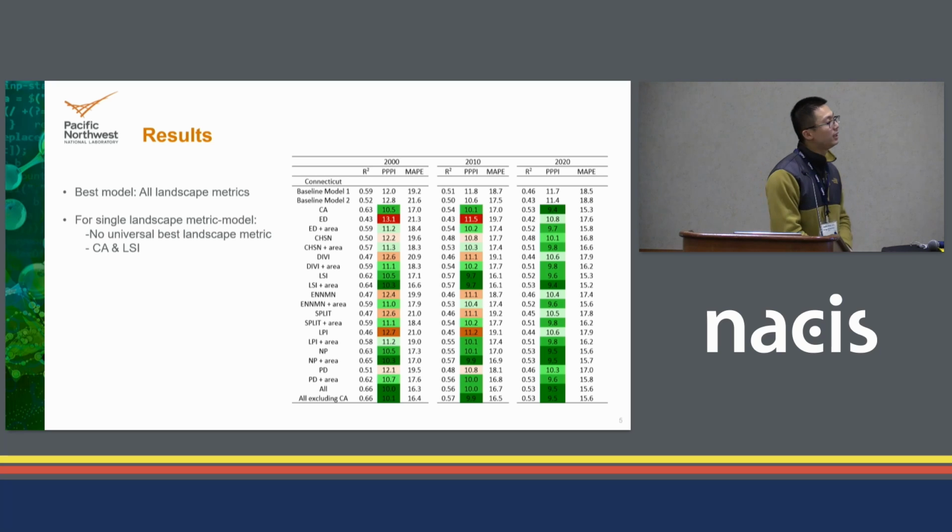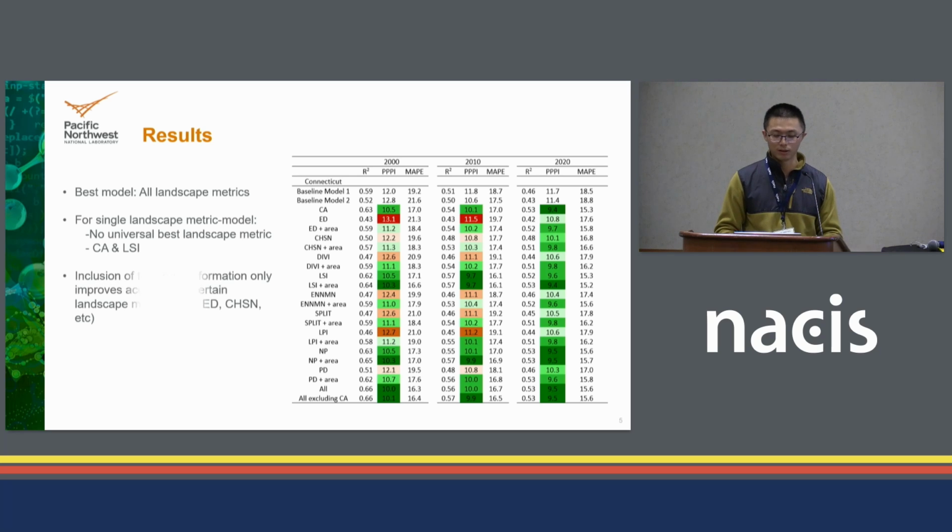For the single landscape metric based models, where the model only implements one specific landscape metric, we found there's no universal best landscape metric model, but the class area and the landscape shape index consistently work the best. So these two are among the best of the landscape metrics for the population downscaling.